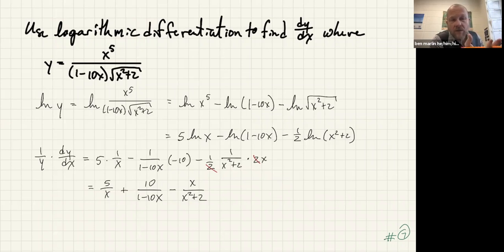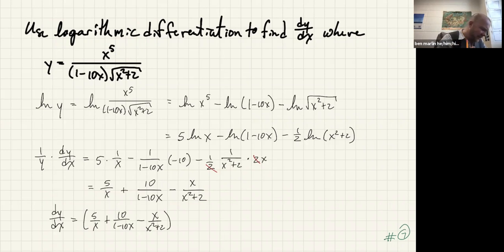All we have to do now is to multiply both sides by the y in order to get the dy dx by itself. So dy dx equals 5 over x plus 10 over 1 minus 10x minus x over x squared plus 2. And if you want to go ahead and pull things together over a least common denominator there, you can. I don't see that there's really a whole heck of a lot of use to it here.